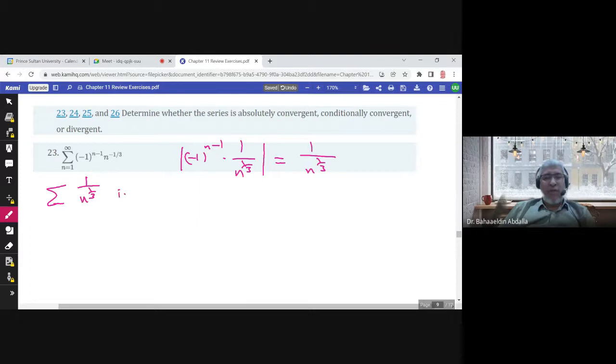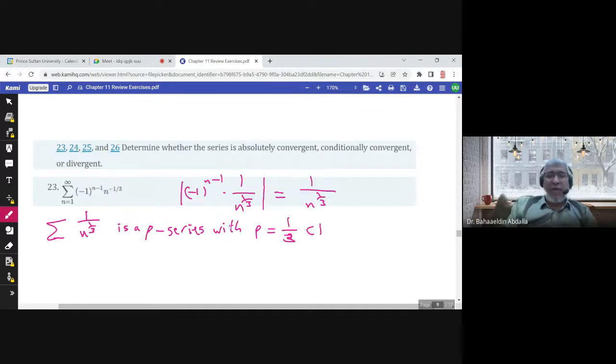And what do we know about summation 1 over n to the power 1 over 3? This is a p series with p equals 1 over 3, less than 1.